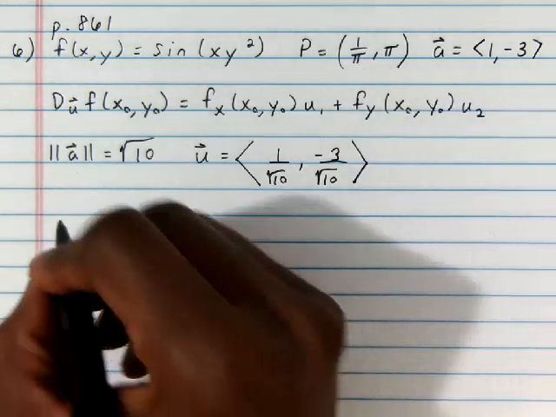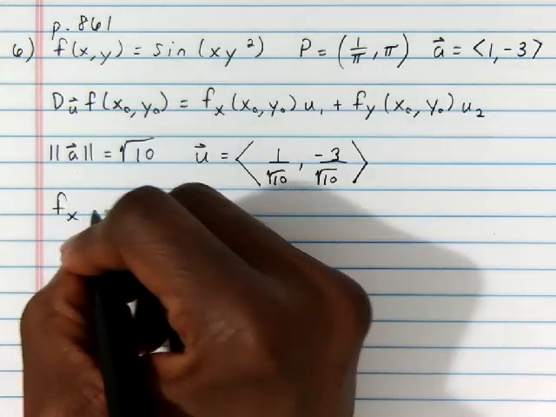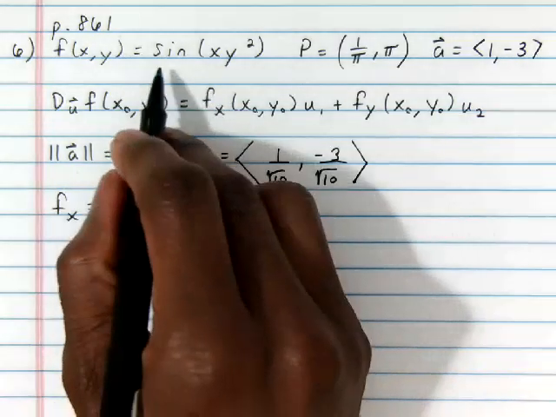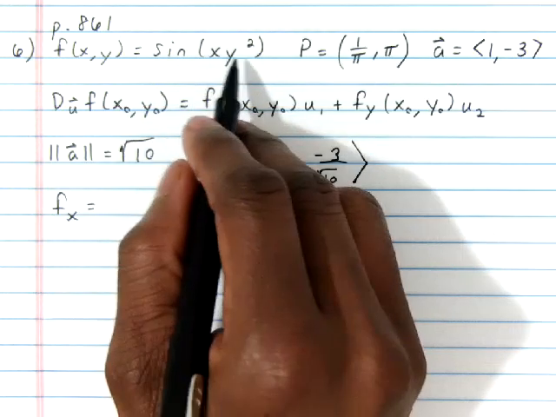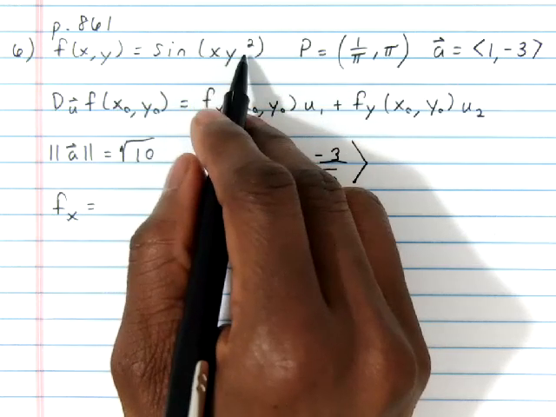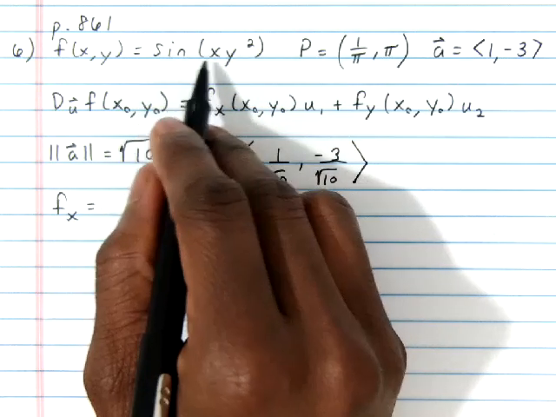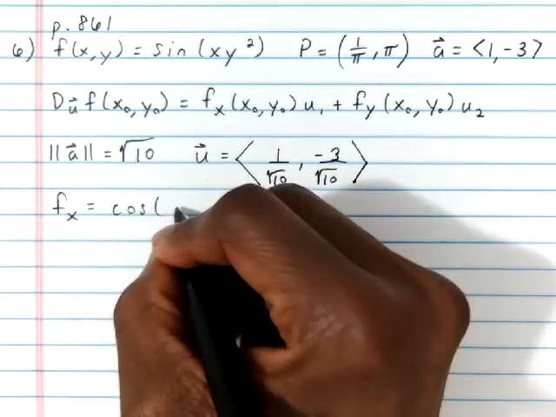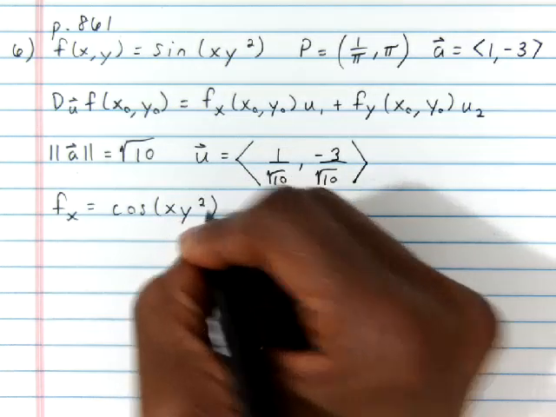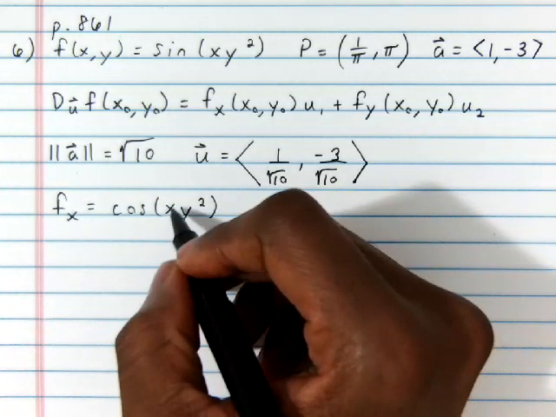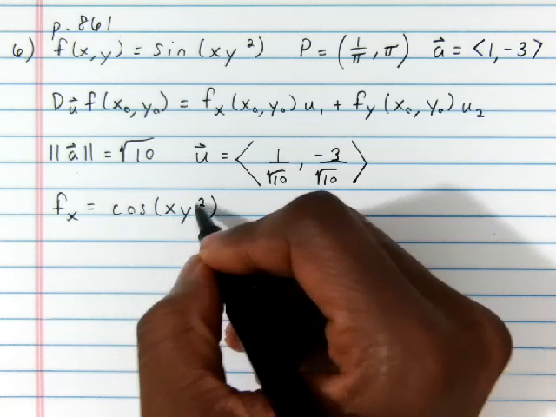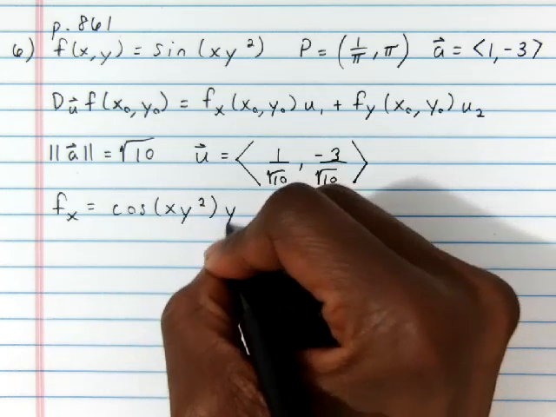So f sub x equals the partial of this with respect to x, so we're treating y as a constant. We get cosine of xy squared times the derivative of the inside with respect to x. That's a constant times x, so you just get the constant, y squared.